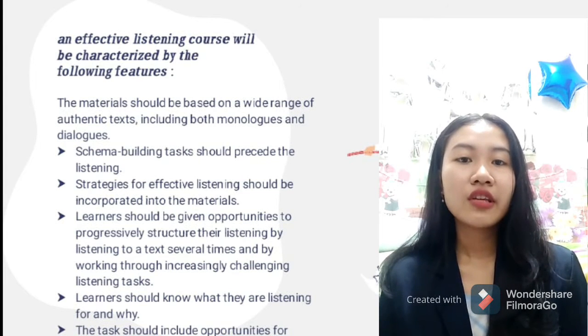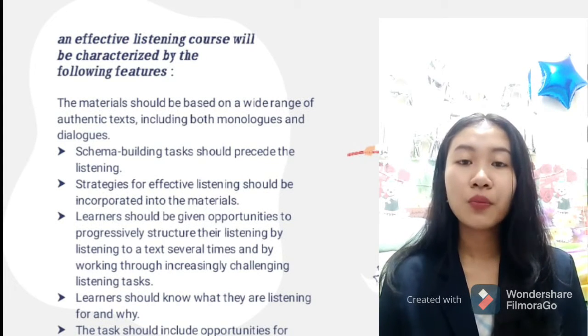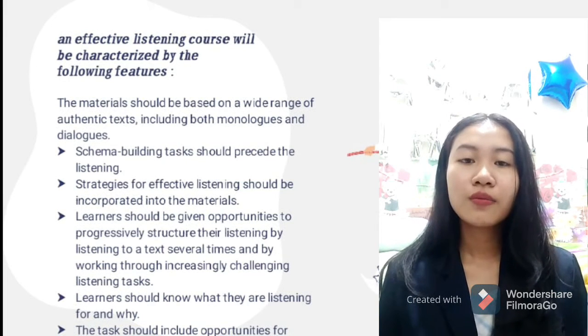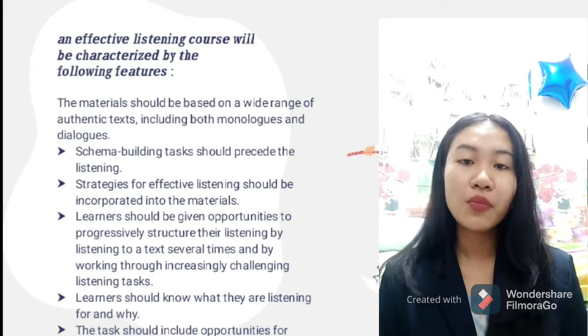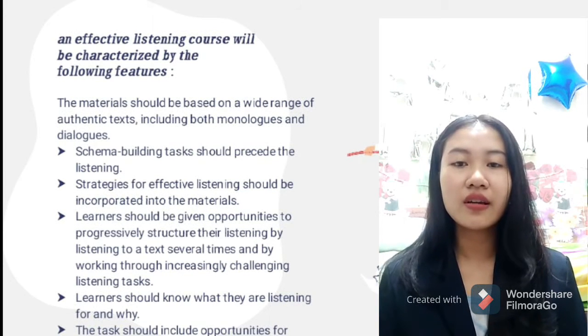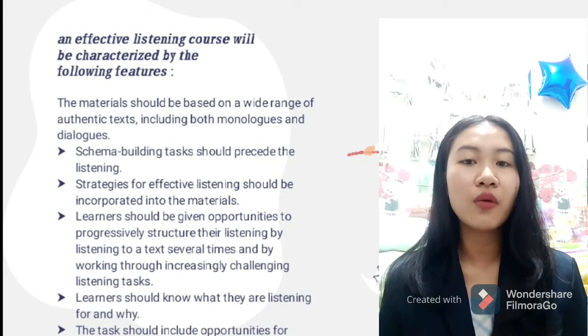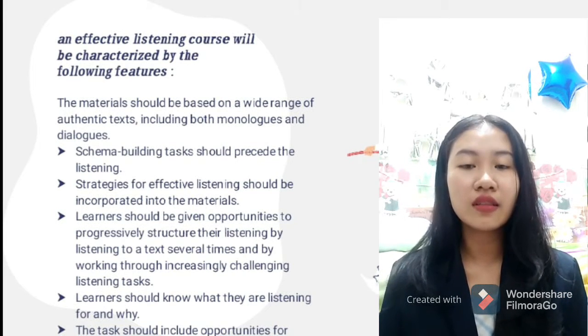Strategies for effective listening should be incorporated into the materials. Learners should be given opportunities to progressively structure their listening by listening to a text several times and by working through increasingly challenging listening tasks.